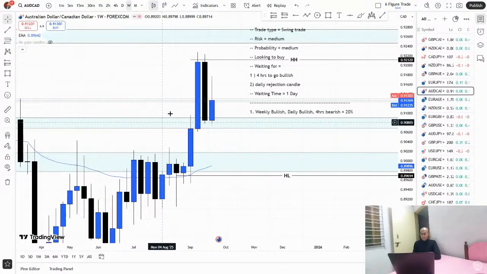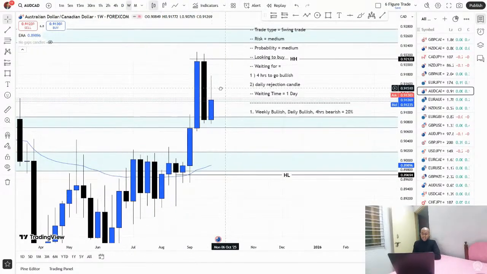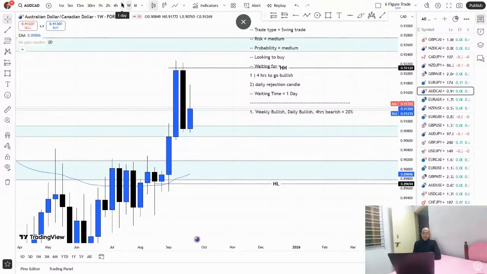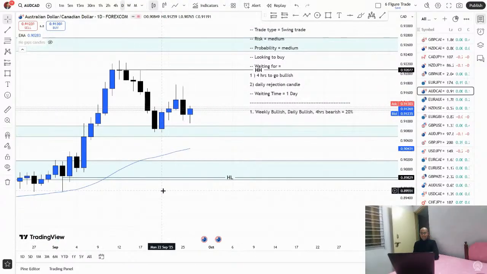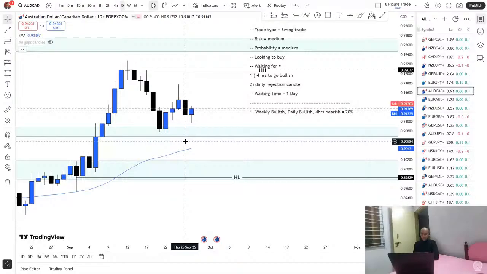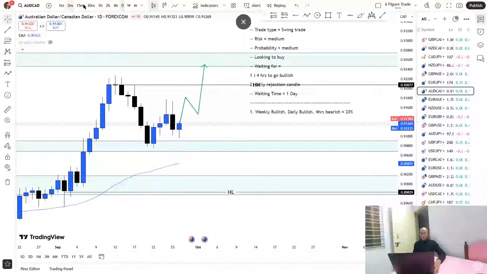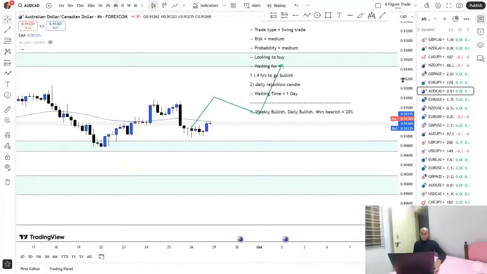So now we have created the elbow on the weekly. Now it is ready to go up. It is suddenly ready to go up in here. The 4 hours, suddenly, the 4 hours is here.